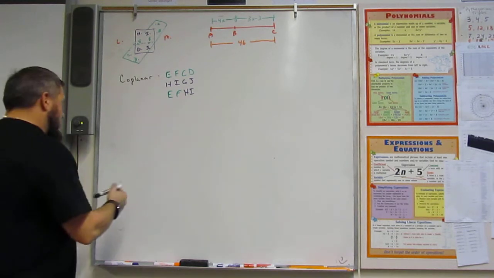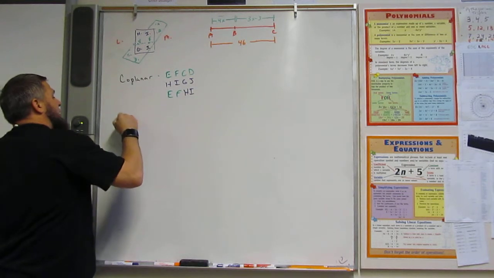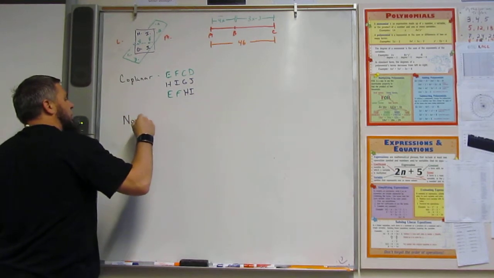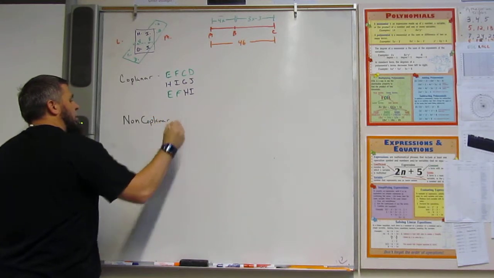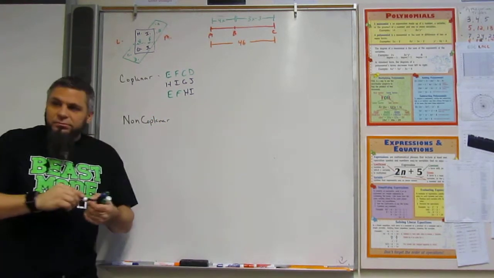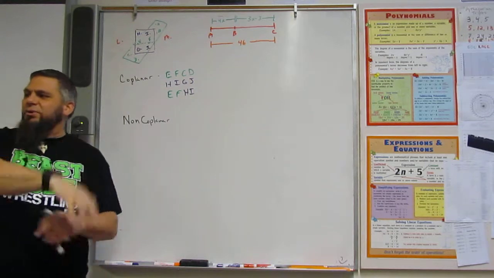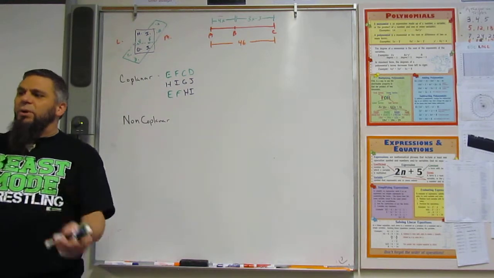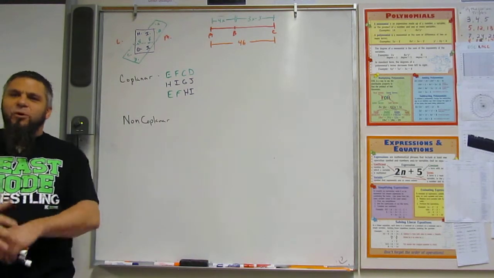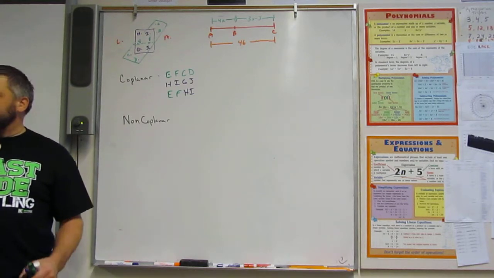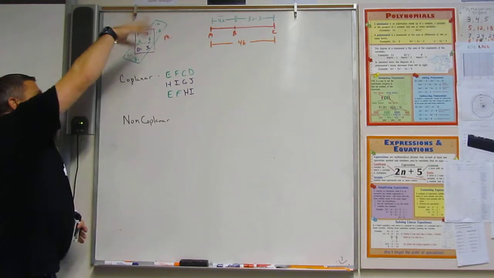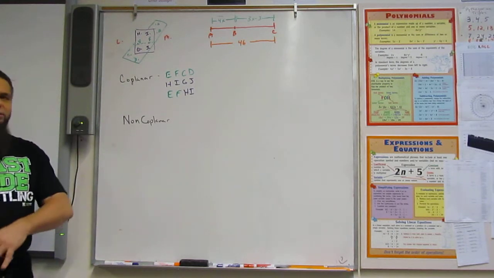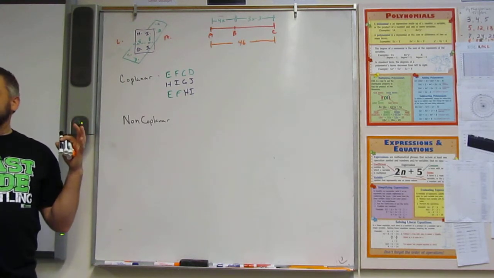Now, non-coplanar would mean 2 on one and 2 on another, or 3 on one and 1 on another, but not 4 on one plane. Does that make sense? So I could choose any 3 on one plane and choose any other one that's not on the plane.